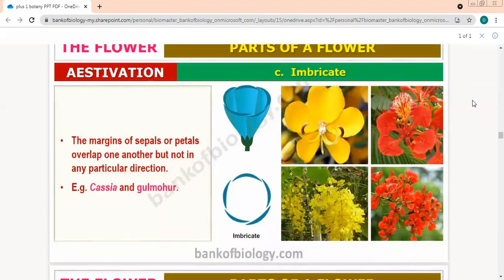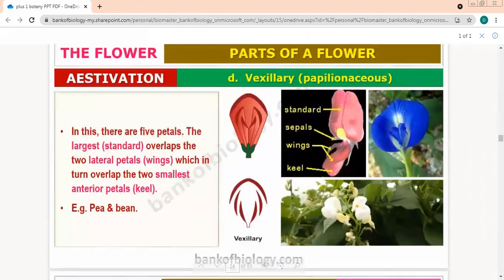See this one. I'll scroll down now. See this last one.